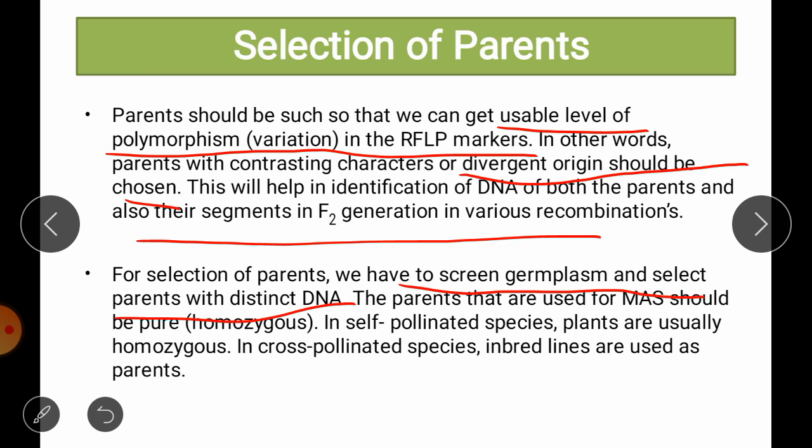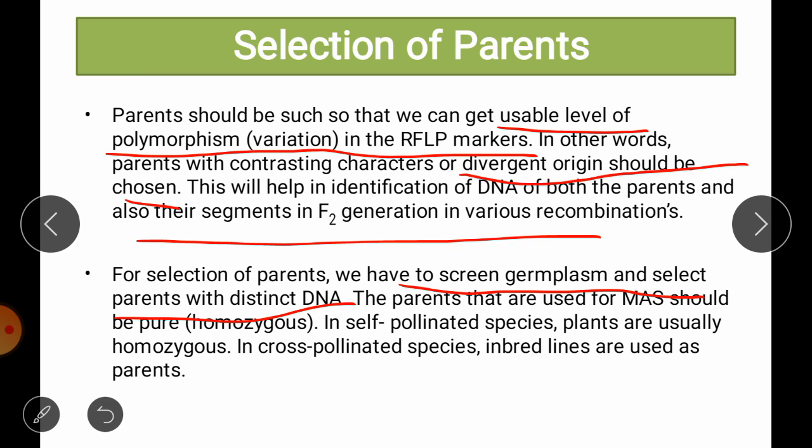So whatever germplasm material you have, you have to isolate the DNA. After isolation, you make PCR products, run them on gel, and by visualizing their banding pattern, those germplasm showing maximum diversity, maximum distinction, such parents we should select here for breeding purpose.